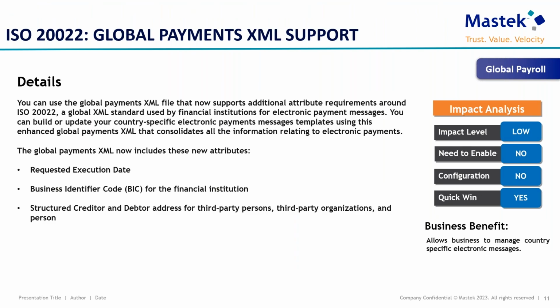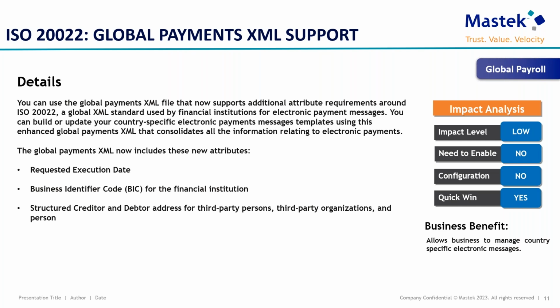The next topic is global payments XML support. So in terms of standardization, ISO 20022, there are some global payments XML features that Oracle has started supporting. So in terms of that, for all the financial institutes that will use electronic payment messages, there are some enhancements.